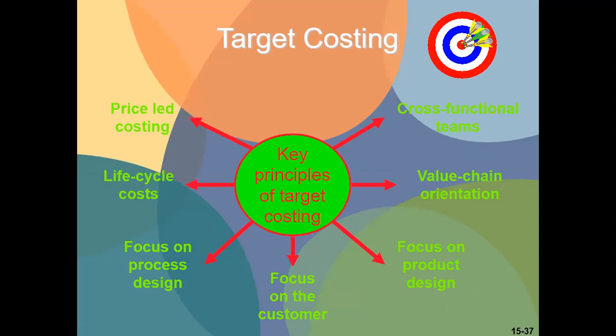So for target costing, these are the key principles. Price-led costing, so the price would lead or dictate or guide the costing process. We take a look at the life cycle of a product or the products. We think of 4 stages normally. We have the introduction or introductory stage or phase. We have the growth.